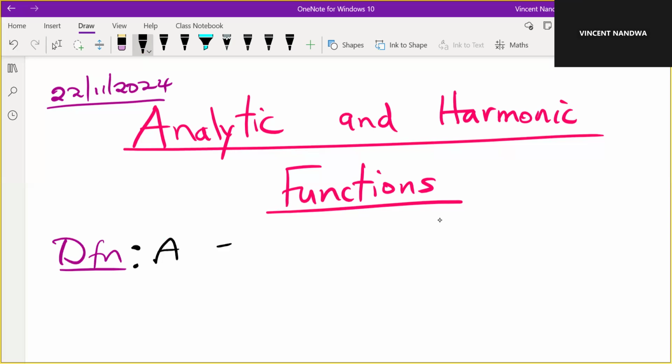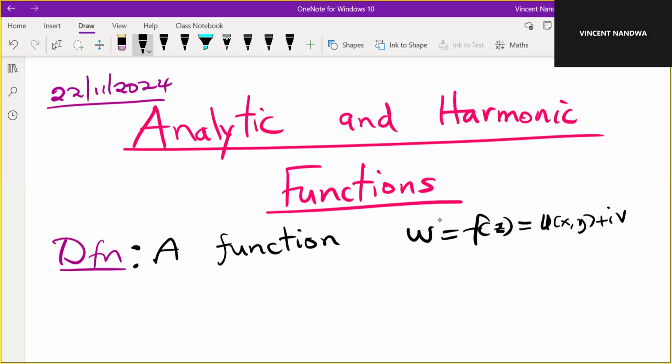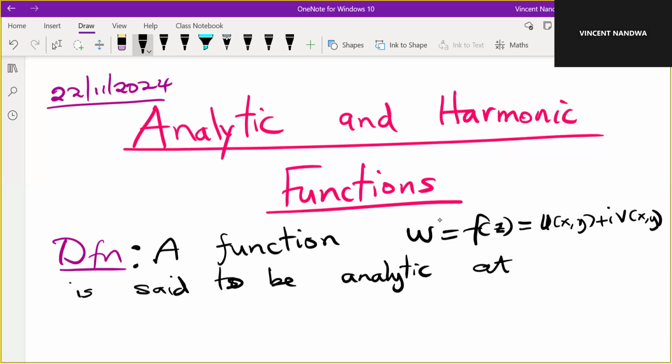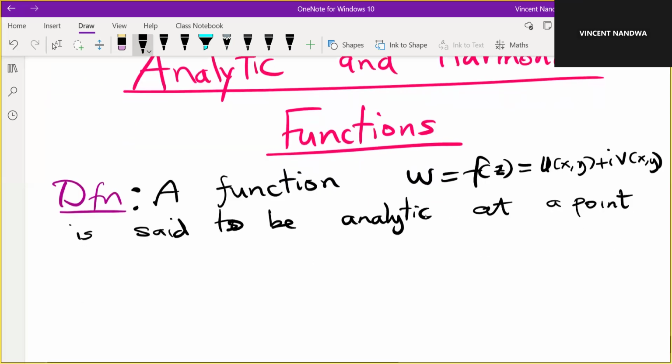A function w equals f of z, which can be given by u of x, y plus i v of x, y, is said to be analytic at a point z naught, which is in the domain of the function f, if it is differentiable at z naught and in the neighborhood of z naught.